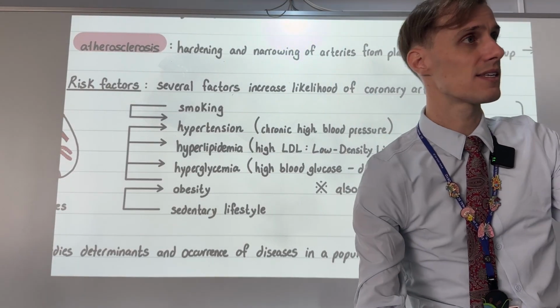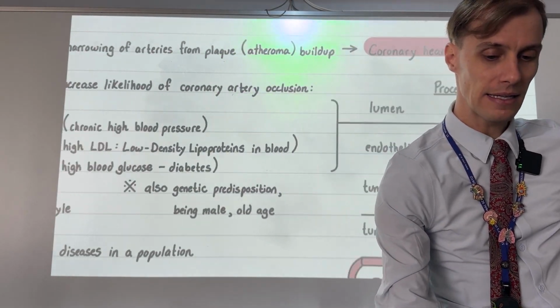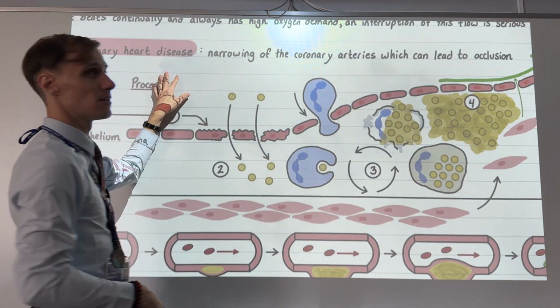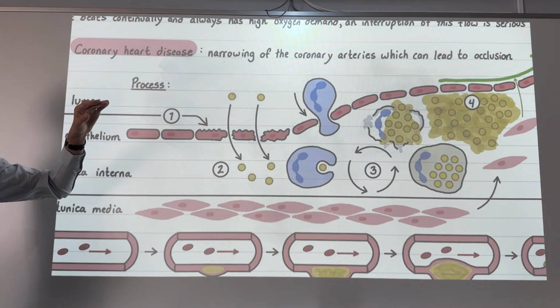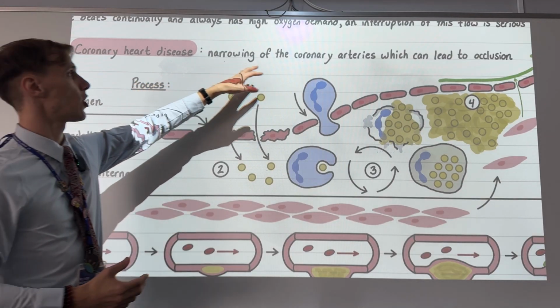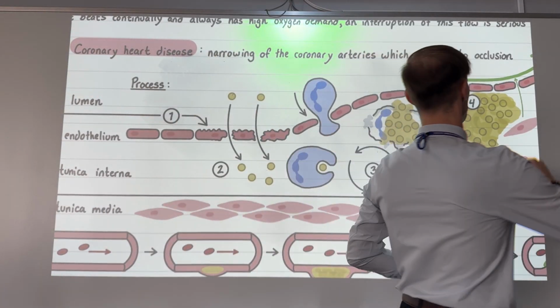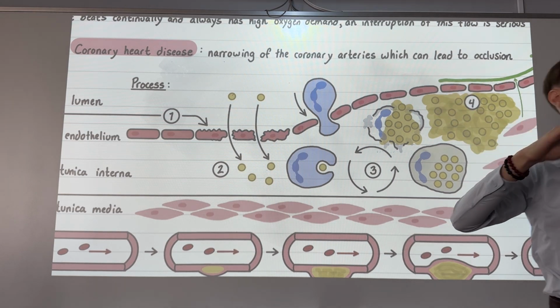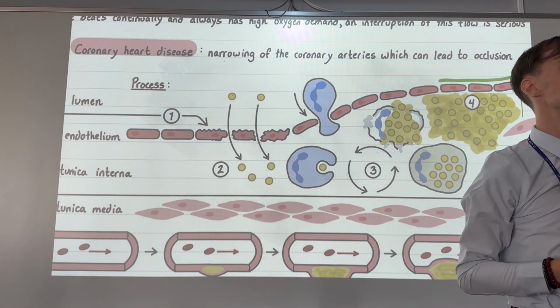So this atherosclerosis can lead to coronary heart disease. And specifically what that means is that the coronary arteries are narrowing, and this may lead to an occlusion. An occlusion means a complete blockage of that tube.